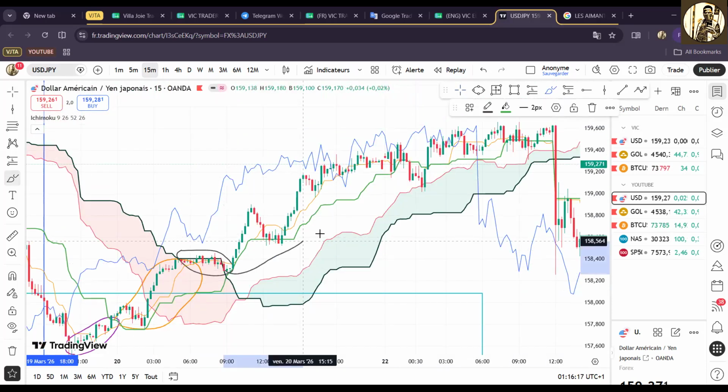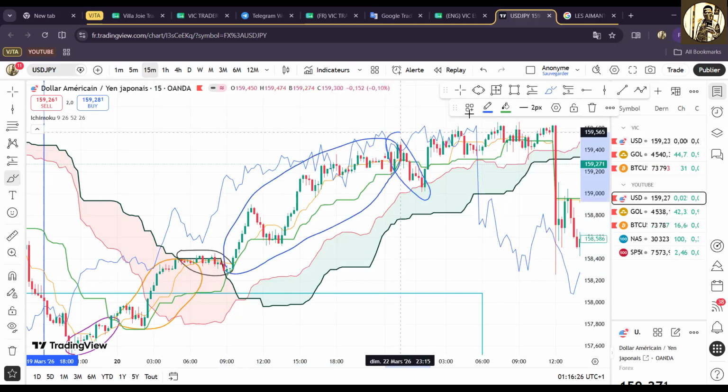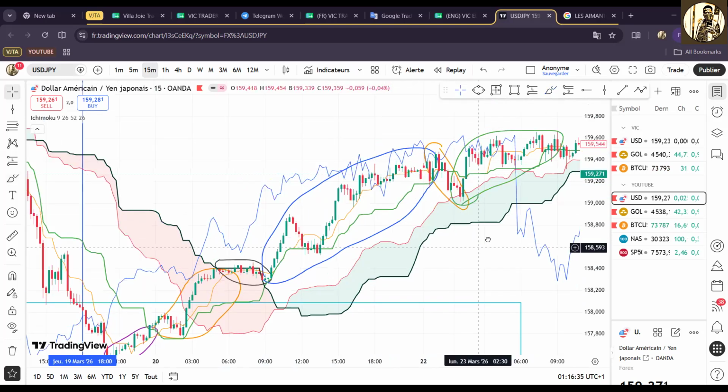Then you have at this level the new trend, then the correction, then the push trend. That's what you got, okay? After you got this, you got all of this.